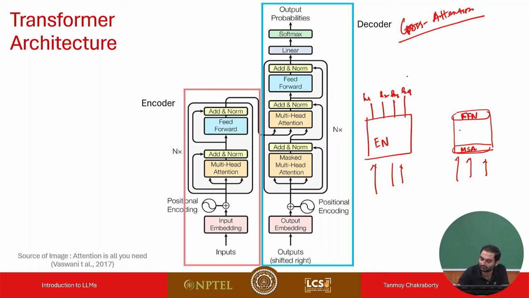In between these, we will introduce another sub-block called cross attention. In cross attention, what will we do? Let's say this is the decoder, D1, D2, D3, and after the masked self attention, you obtained, let's say, M1, M2, M3.